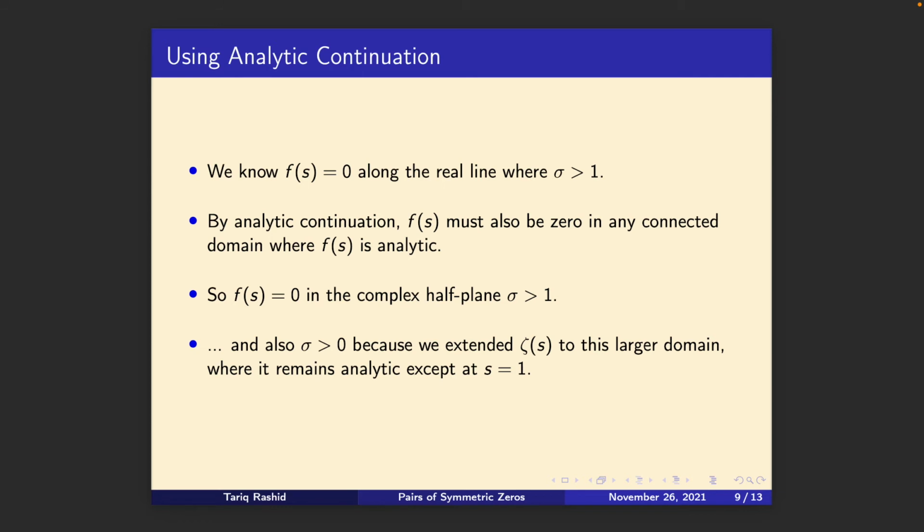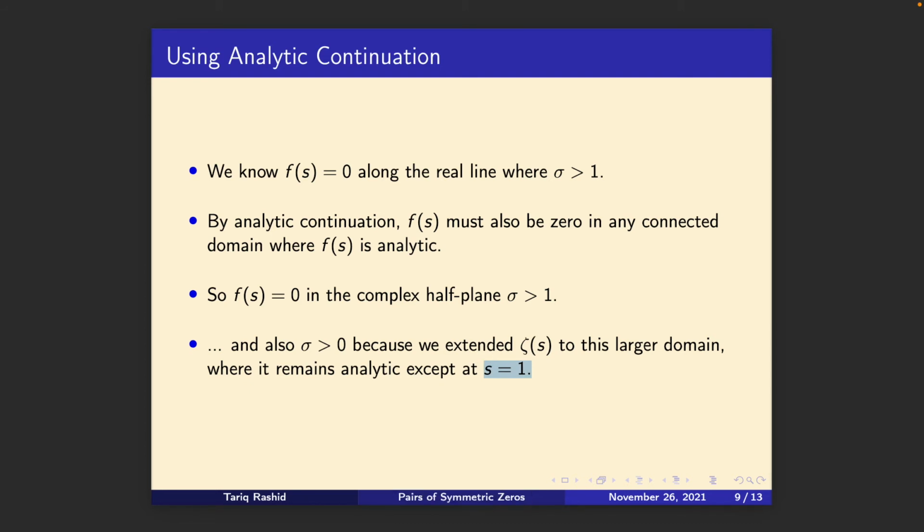Let's take it a bit further. It's also f(s) is 0 in the extended domain sigma more than 0, because we previously extended the zeta function to that larger domain where it also remains analytic, except at the pole s equals 1.